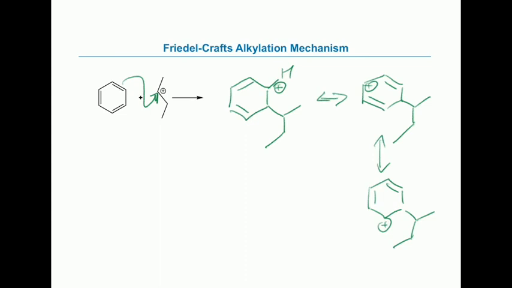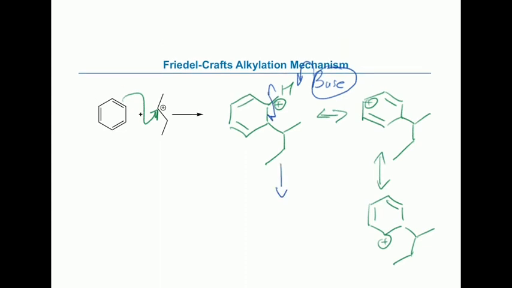Like this. That's our intermediate. All we have to do to close it is take any of these protons. We're going to have a base. We'll pick off this and regenerate our aromaticity.